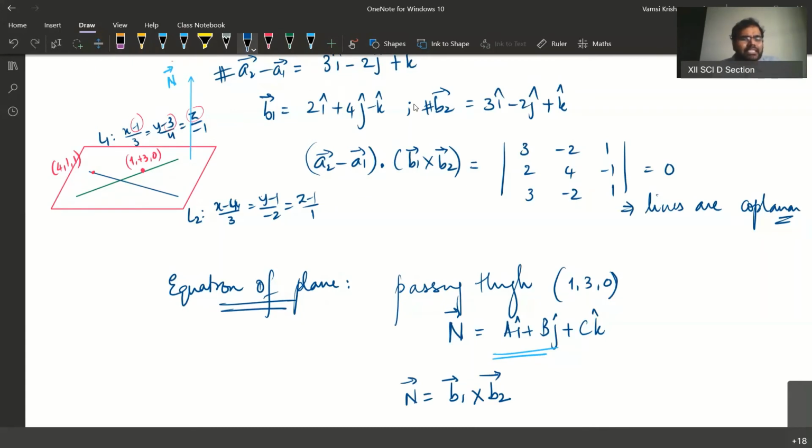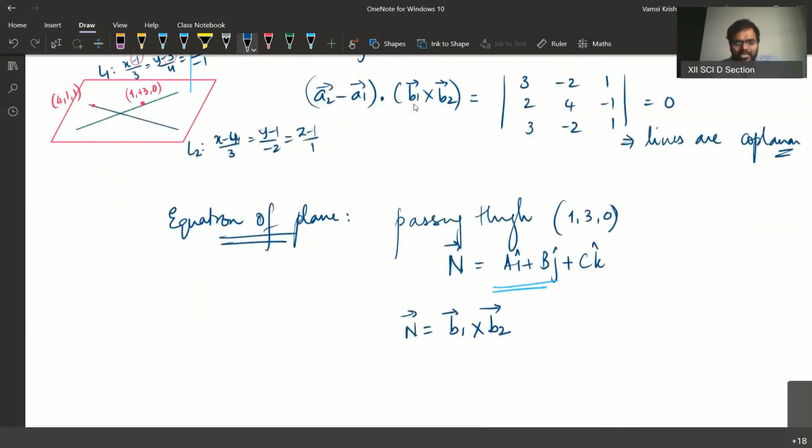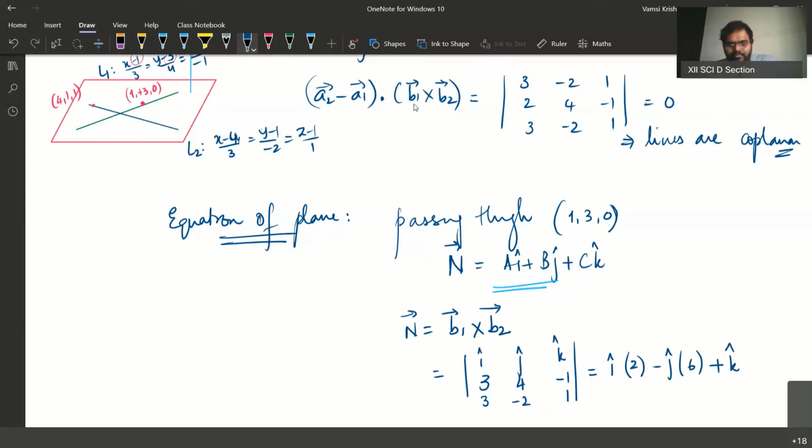So B1 has components 3, 4 and minus 1. What are the components of B2? 3, minus 2 and 1. So i times (4 minus 2) is 2, minus j times (3 plus 3) is 6, k times (minus 6 minus 12), that's minus 18.